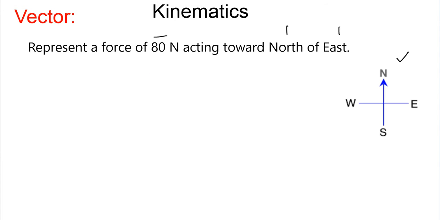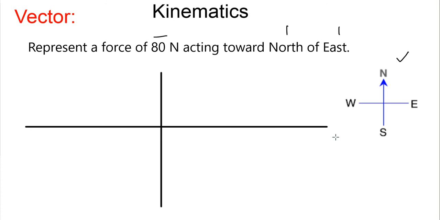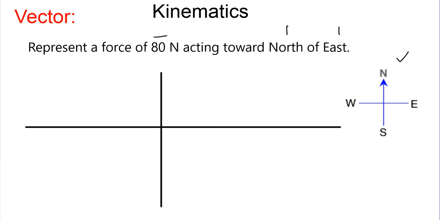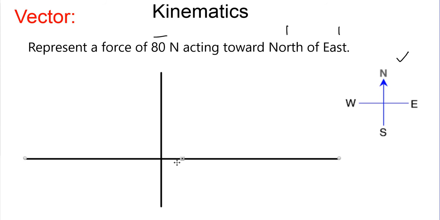So first I need to establish a frame of reference. I draw this line and then I draw another line here. I can just move it here, it's up to you.